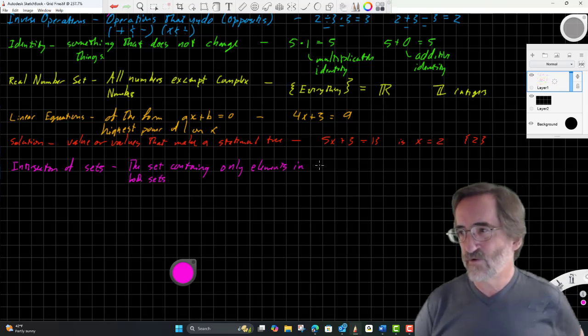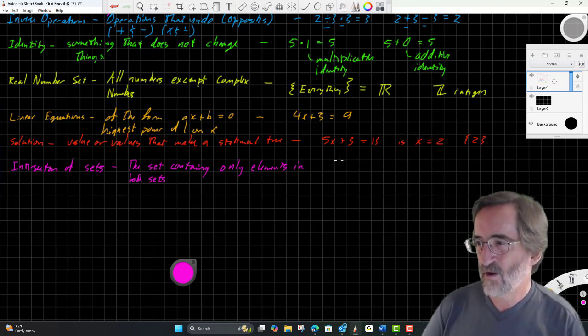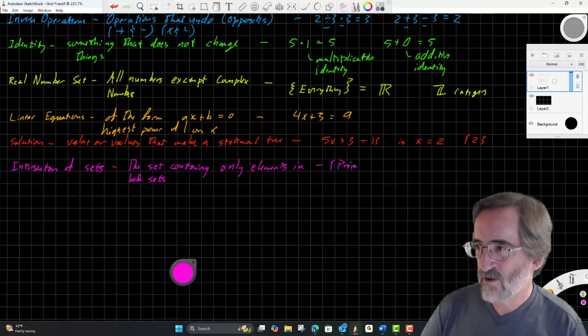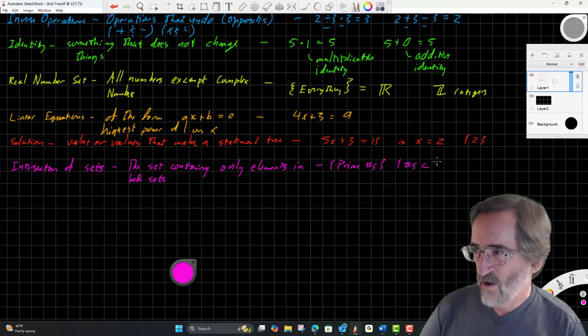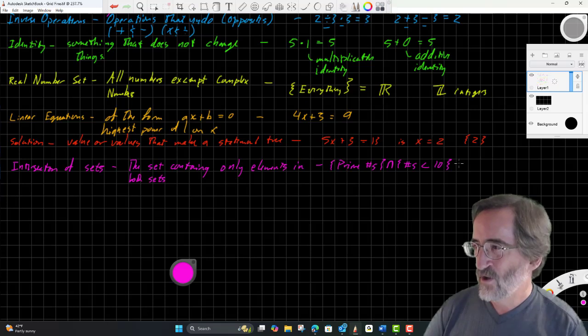Okay, so for example, the set of prime numbers and the set of numbers less than 10 is, and this is the intersection, so the symbol looks like an upside down U, the set 2, 3, 5, 7.